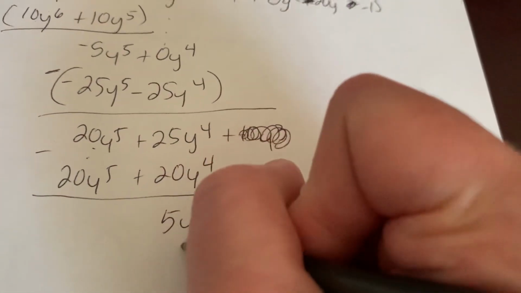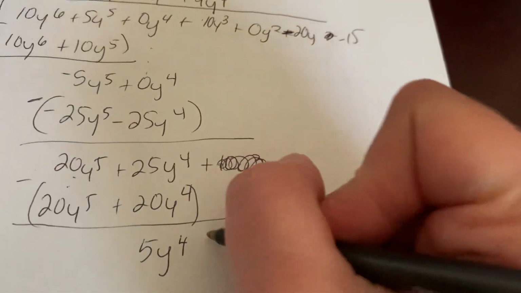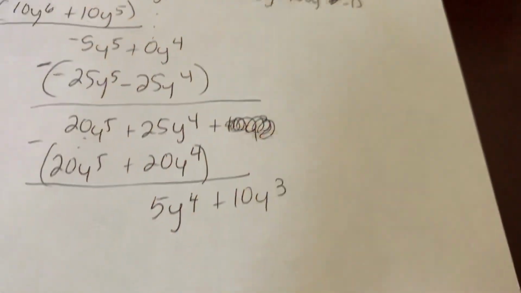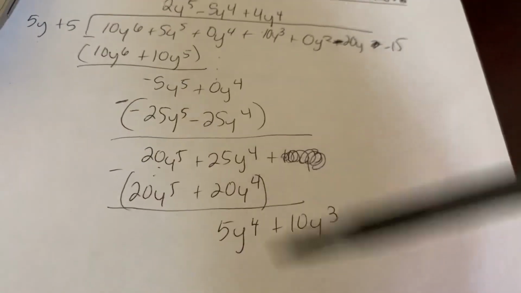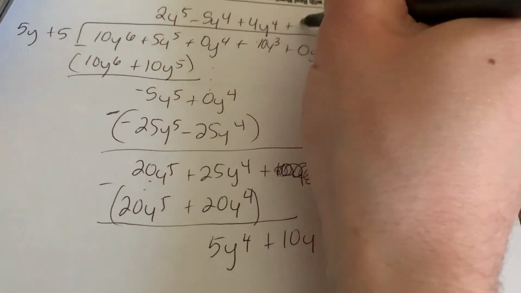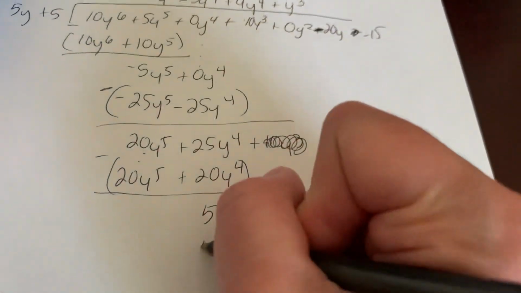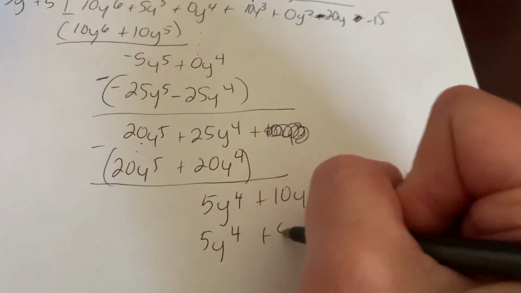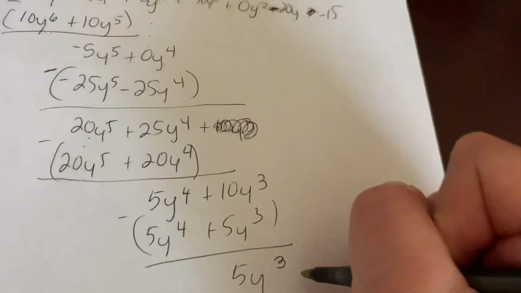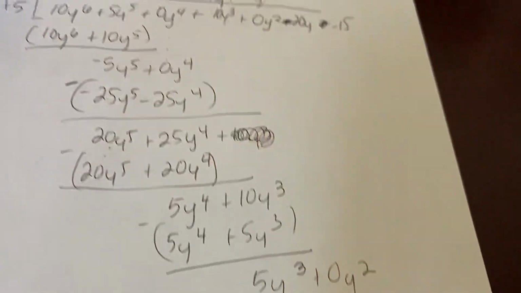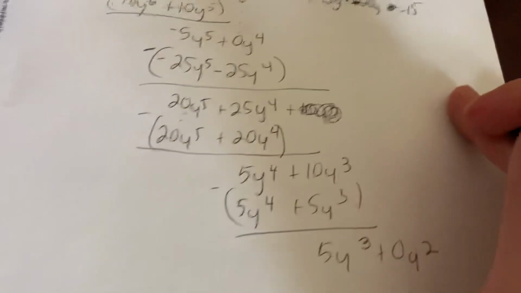When you subtract, you're going to get 5y to the 4th and then 10y to the third is what you're going to bring down. How do you get from 5y to 5y to the fourth? Y to the third. When you subtract, you're going to get 5y to the third. Bring down 0y squared.